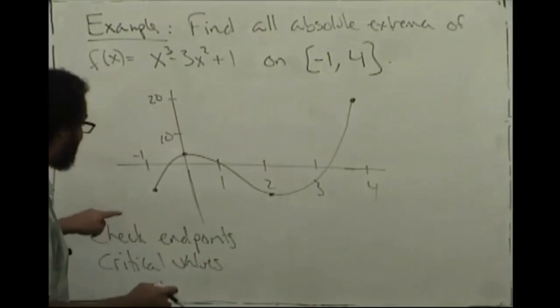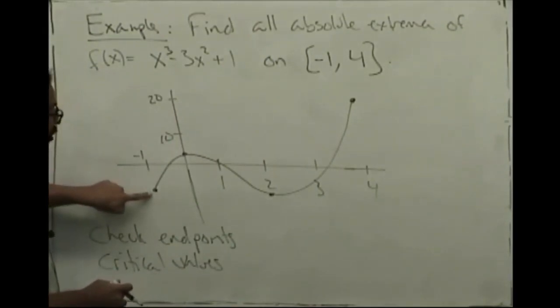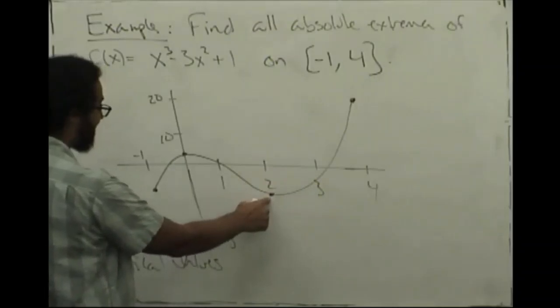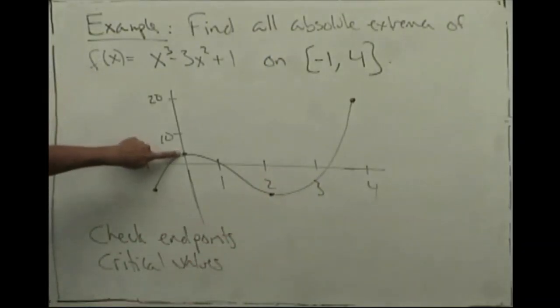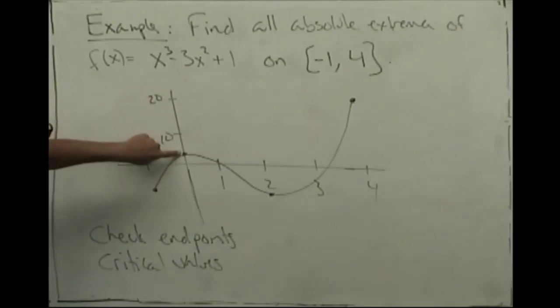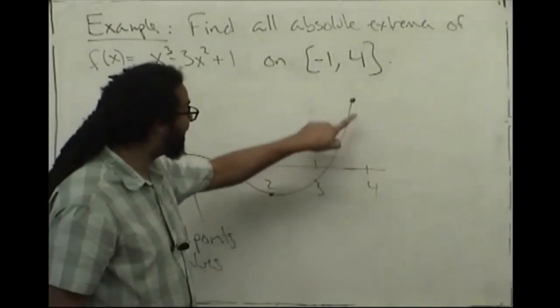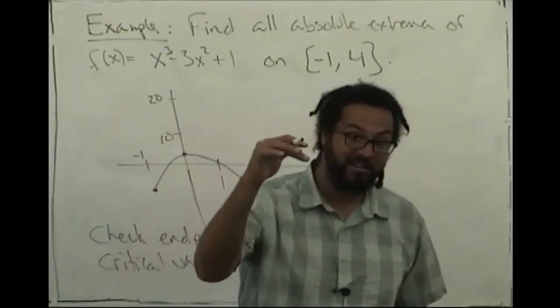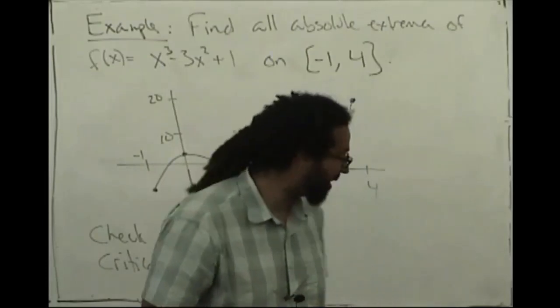For example, here we get a lowest at an endpoint. We'll get a lowest at the critical value x equals 2. There's a critical value here at 0 that we will have to check, but we won't get a highest or a lowest, so we'll throw this one out. And then we'll check this right endpoint at 4, and it should return a highest among all of the possibilities.